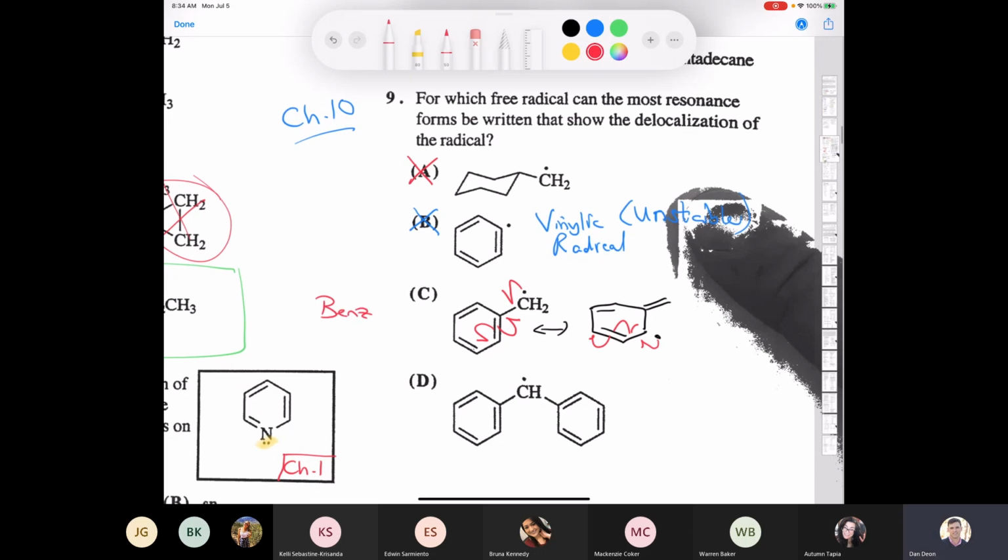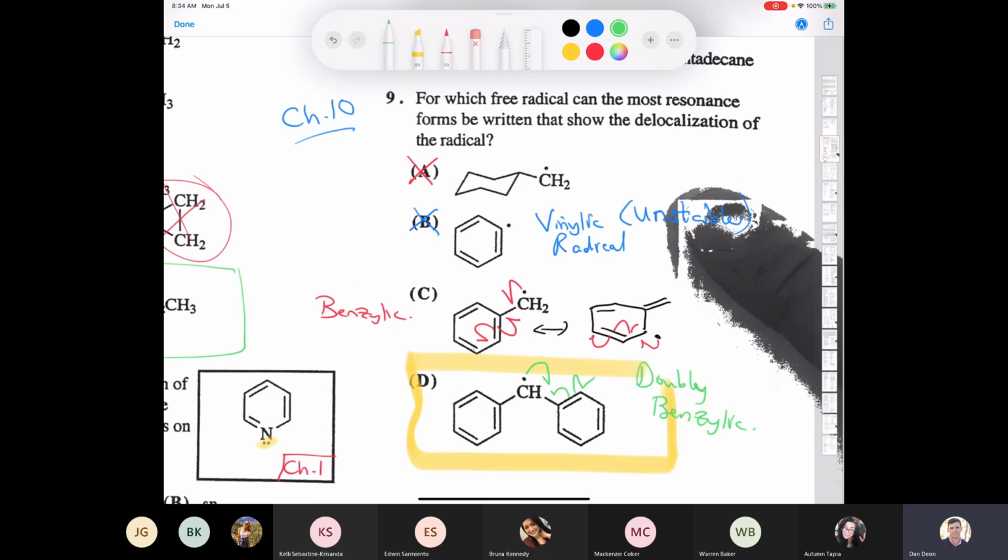This is benzylic. However, D is going to have the most resonance contributors because it's doubly benzylic. You can draw resonance contributors where the radical is down in this ring, and you can draw resonance contributors where it's over in this ring here.